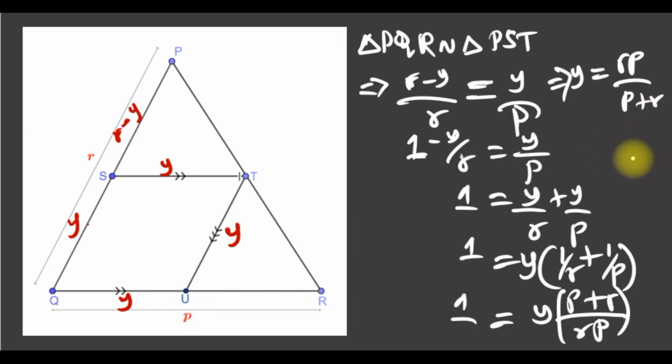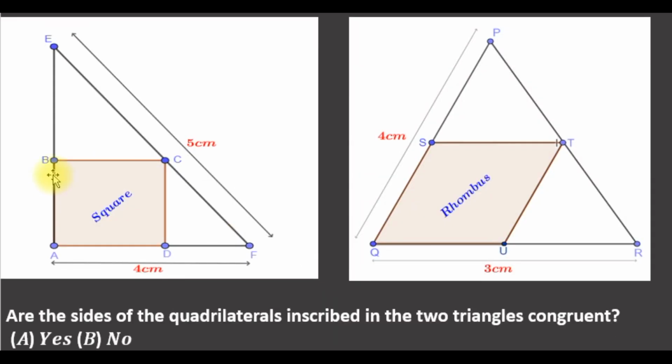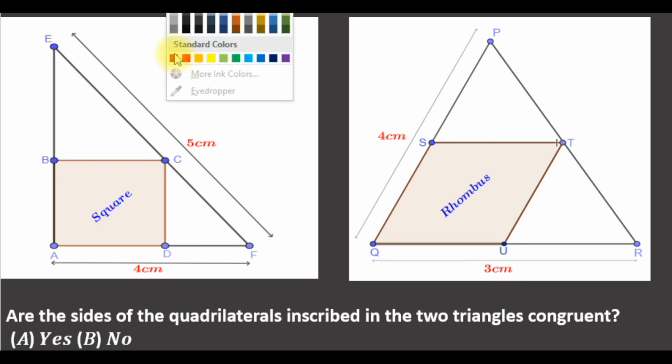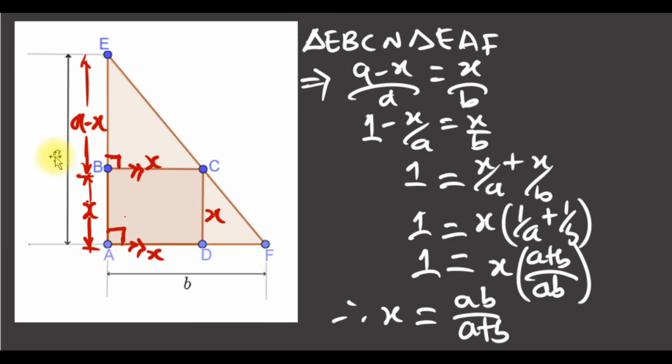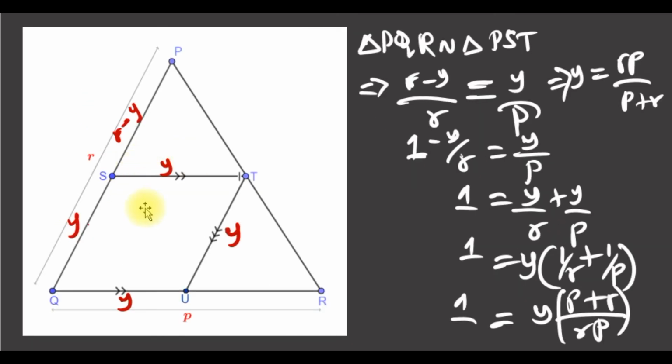So what do you now notice? Coming to the original diagram, they are the same because the sides on which the two sides of the inscribed quadrilateral lie are the sides given. Check the first diagram. For x, this is a and this is b, and the two sides lie on a and b. The same way, this is r and this is p.